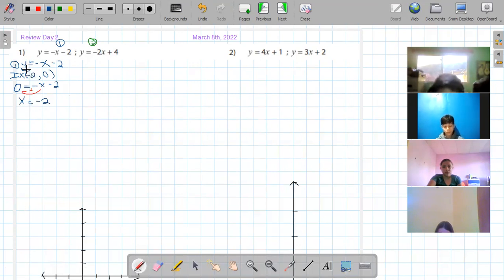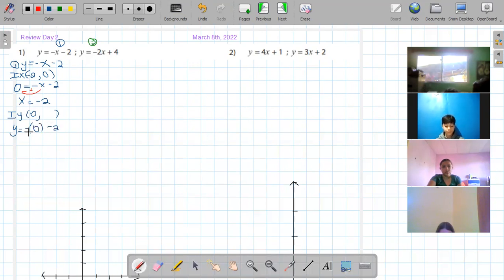Now the other one, the intercept in y. The intercept in y is when I have x equal to 0, and I'm looking for the value of y, okay? So I'm going to place 0 instead of x, so I have y equals negative, because the equation has a negative, instead of x, 0 minus 2.